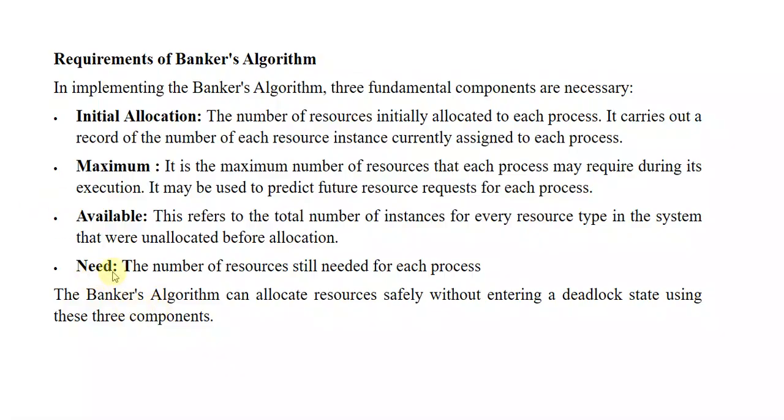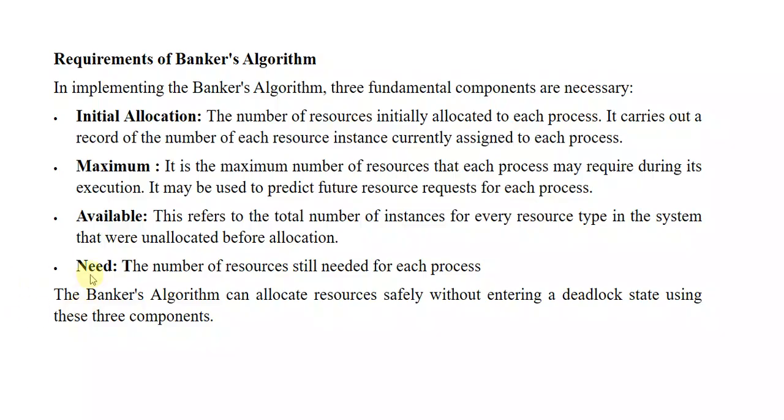Now the last term is need. This is the number of resources still needed for each process. We have seen that allocation means resources already allocated to the process, and maximum is the maximum need of that process. So how are we going to calculate the need of the process? Maximum minus allocation. This is the current need of the process. For example, process 1 already has 2 resources, but the maximum requirement is 4 resources.